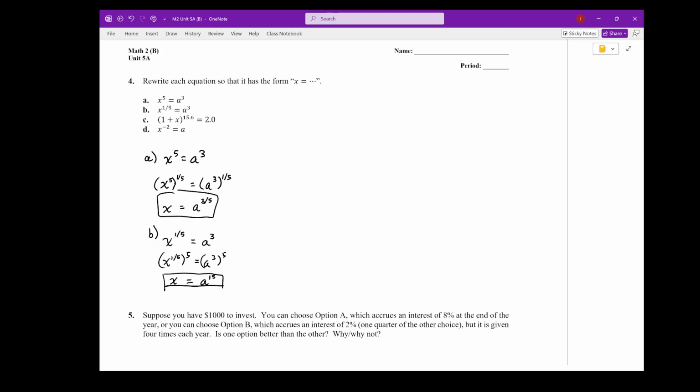Okay, part C, we've got 1 plus x to the 15.6 equals 2.0. That's weird. Okay, so we're going to raise both of these to the 1 over 15.6.